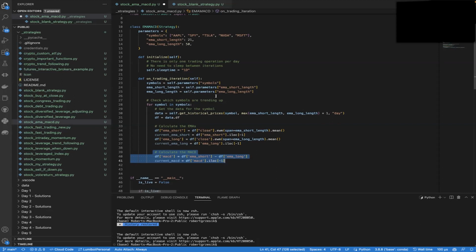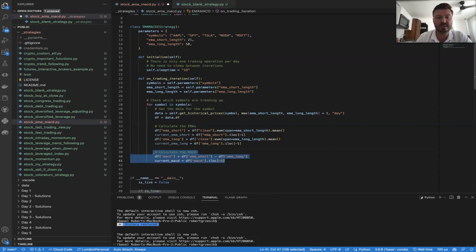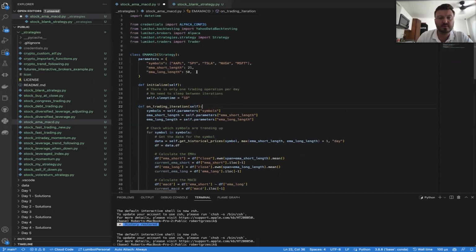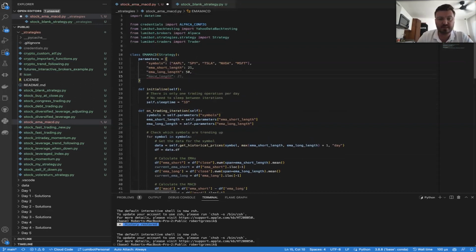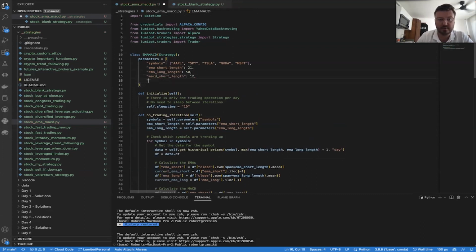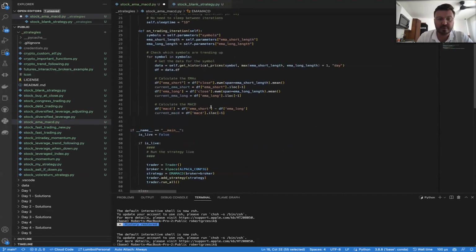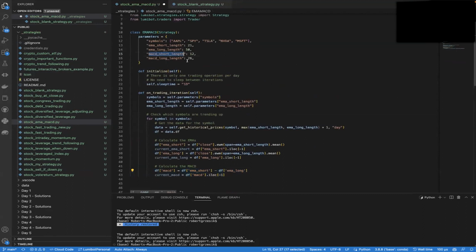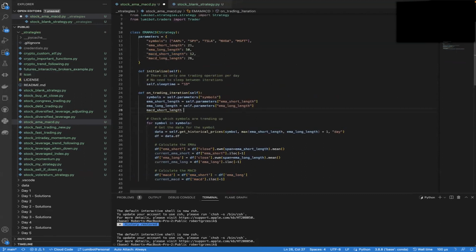On my MACD it's showing 12 and 26, EMA 9. So MACD short length 12, MACD long length 26. That's kind of standard. So the EMA on my MACD is 9.